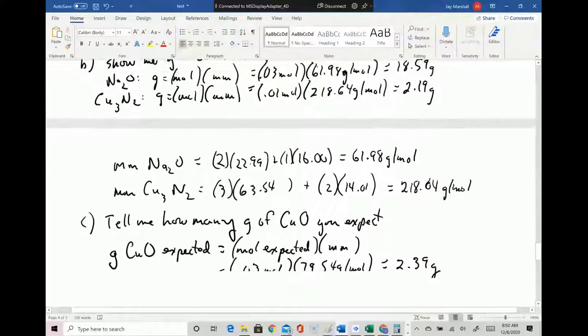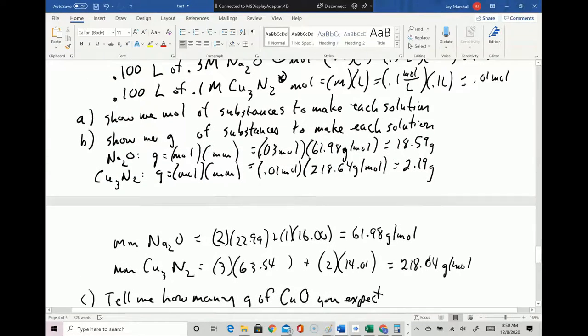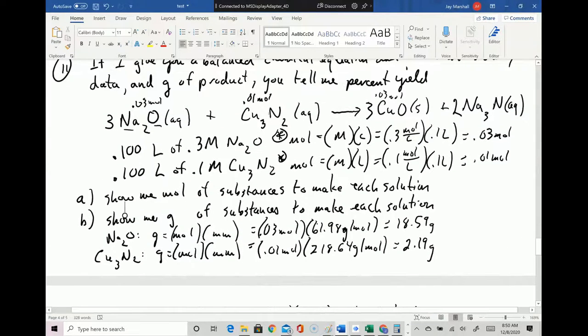Okay, here comes the really hard part of this. Tell me how many grams of copper oxide you expect. You know if you use 0.03 moles of this and 0.01 moles of this, you should get 0.03 moles of this.